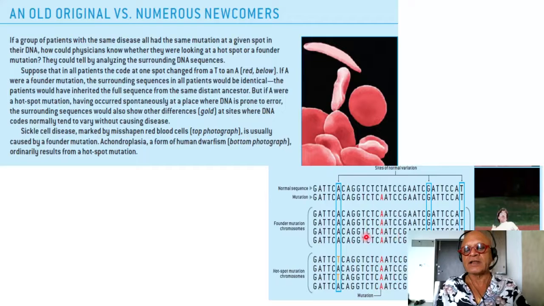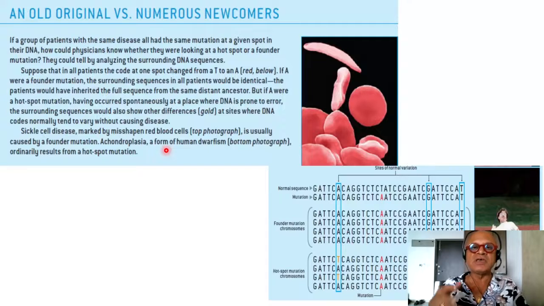So you have to look at the structure around it to determine whether it's a hotspot mutation or a founder mutation. Okay, so if a group of patients with the same disease all had the same mutation at a given spot in their DNA, how could the physician know whether they were looking at a hotspot or a founder mutation? They could tell by analyzing the surrounding DNA sequences.